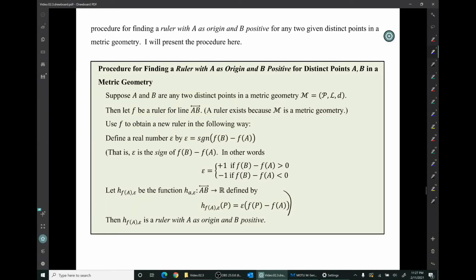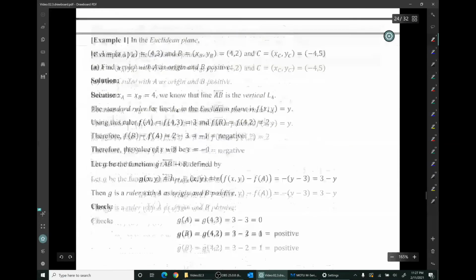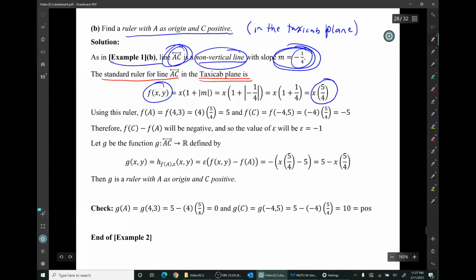Remember, once we've got a ruler, we have to figure out the value of epsilon by looking at the sign of f of b minus f of a. Well, now here it all starts to be very familiar. This is very much like example 1b, so I'm going to let you read this.